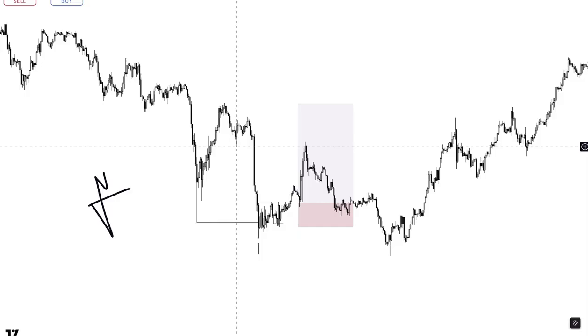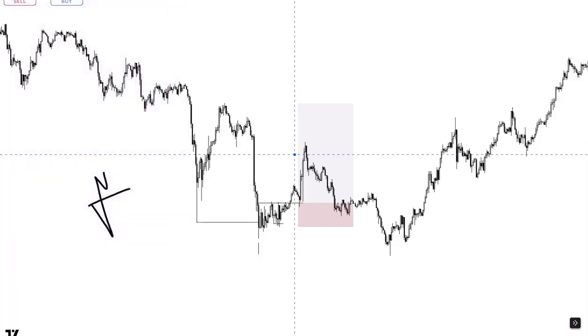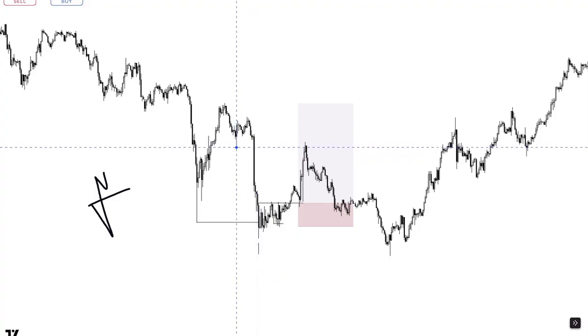But these are factors to keep in mind. Right, so at old lows, expect a reaction. In this case, it was a reversal.